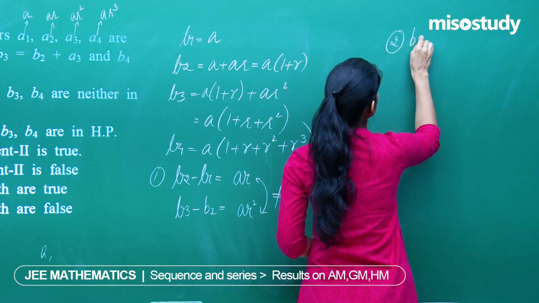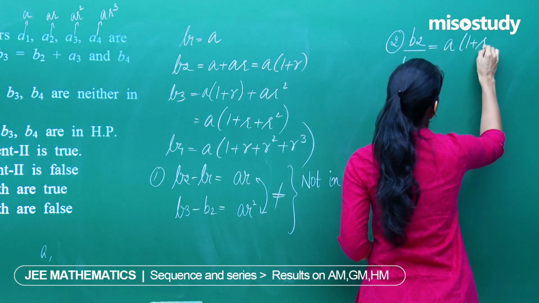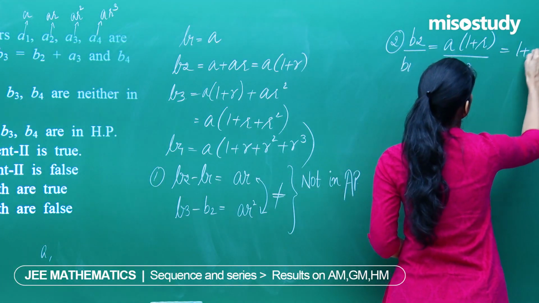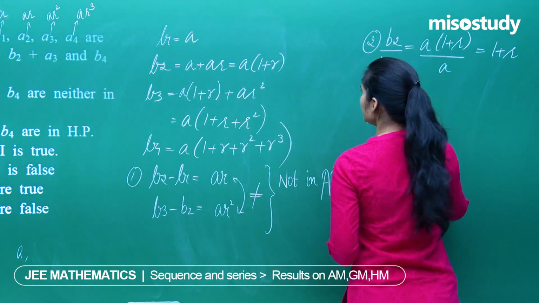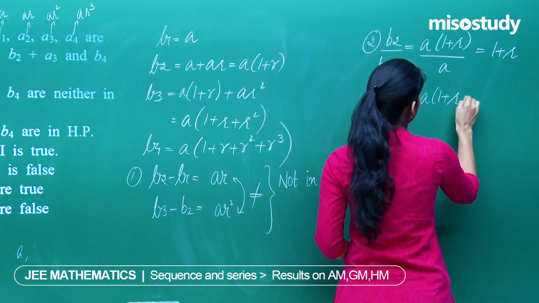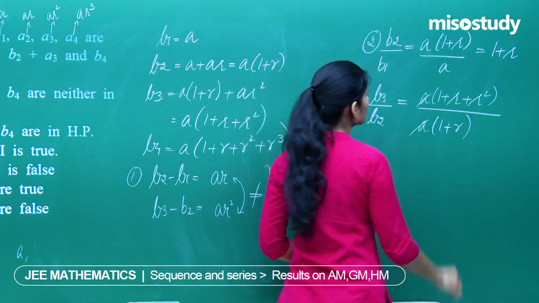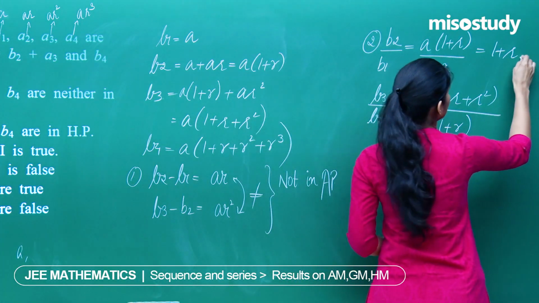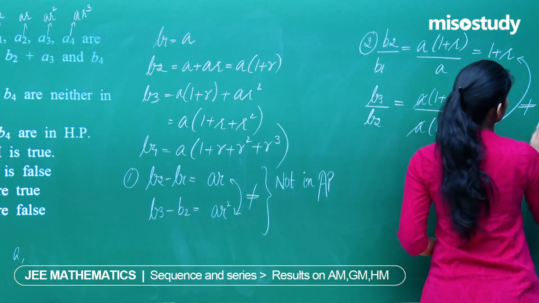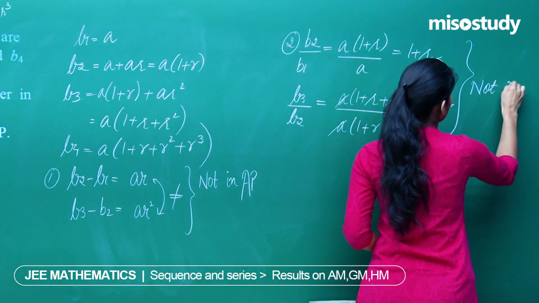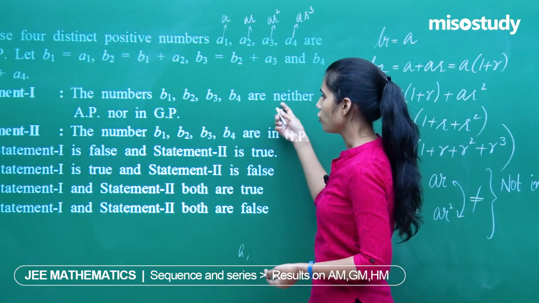If I talk about B2 by B1, B2 is A times 1 plus R, B1 is A, so you are just left with 1 plus R, and B3 by B2, B3 is A times 1 plus R plus R square, and here you have A times 1 plus R. So you can very clearly see that both of them are not coming out to be equal, so they are not in GP as well. And therefore statement 1 is true that they are neither in AP nor in GP.